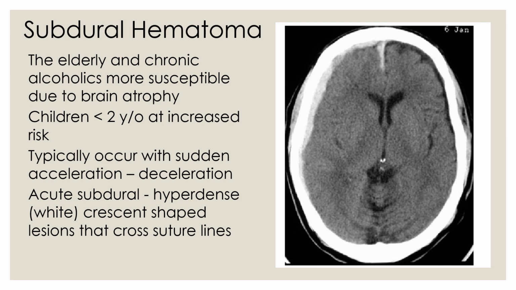There's more potential for the forces that cause the injury to result in tearing of those bridging veins. Little kids are also at higher risk. And here, this is a more typical shape for a subdural hematoma, with that arc-shaped bleed that follows along the skull outside of the brain.